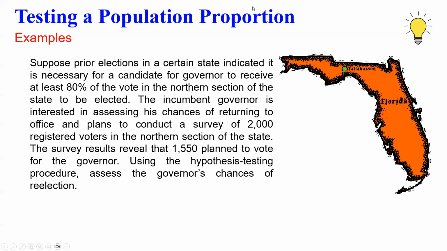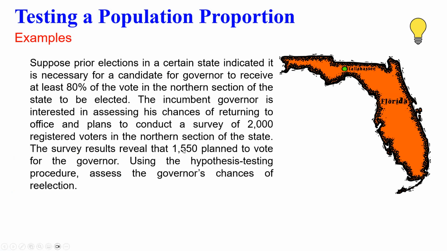So they are going to test whether he will win the election or not. Based on the 2,000 registered voters, using the hypothesis testing procedure, assess the governor's chances of re-election. If at least 80% of the vote is achieved, then he will win the election.